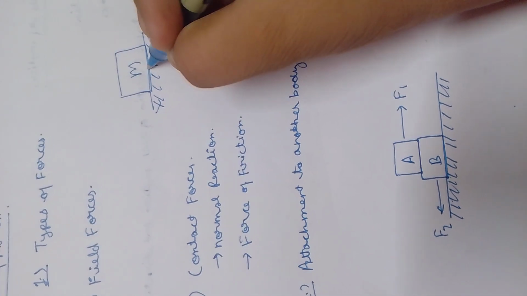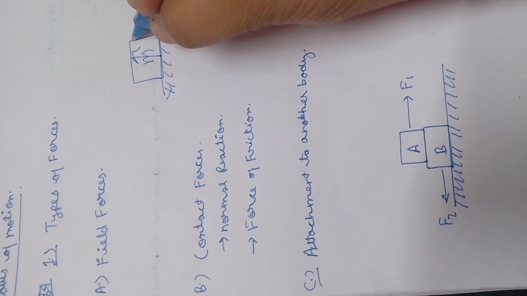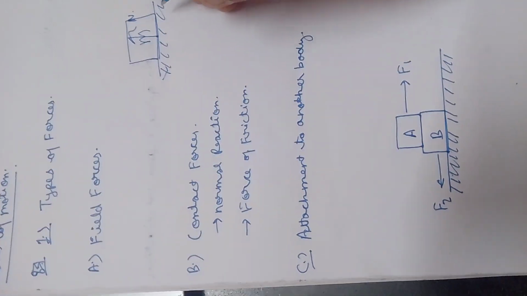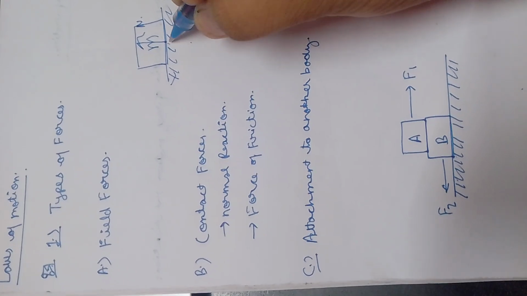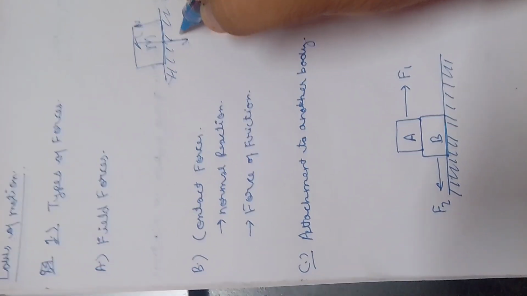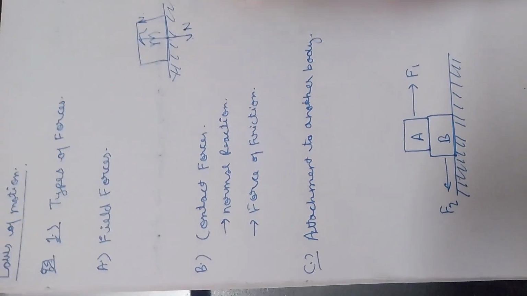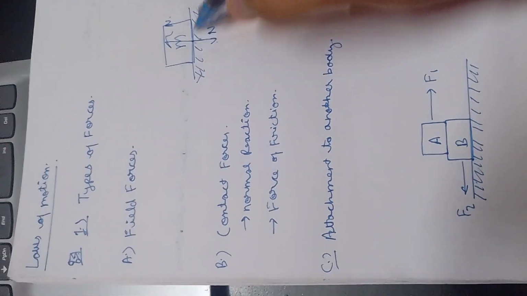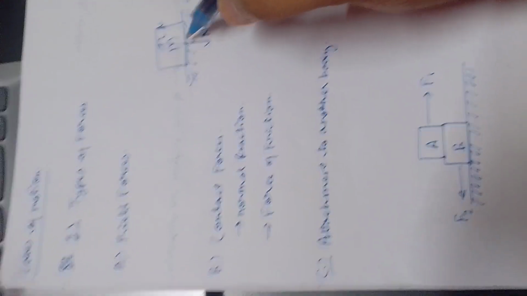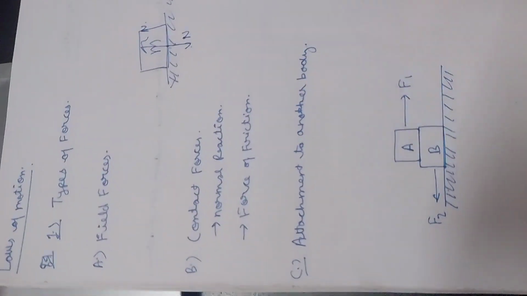Then the ground will exert a normal reaction force on the mass m block in the upward direction, and the block will exert an equal and opposite normal reaction on the ground of magnitude N. Note that the direction of normal reaction is perpendicular to the surface of contact.